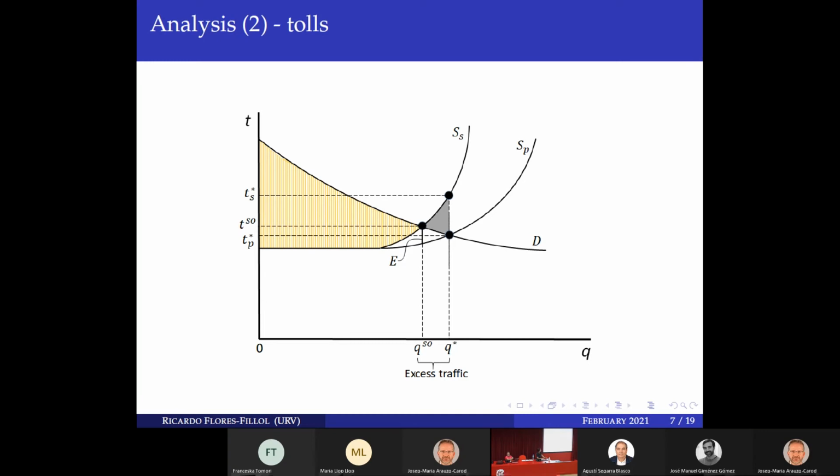So if you introduce a demand function in the analysis, which basically depends on the value of time of commuters, on the valuations of commuters to commute, so this is the willingness to pay of commuters. Then you can calculate the private equilibrium, which is Q star, T star.